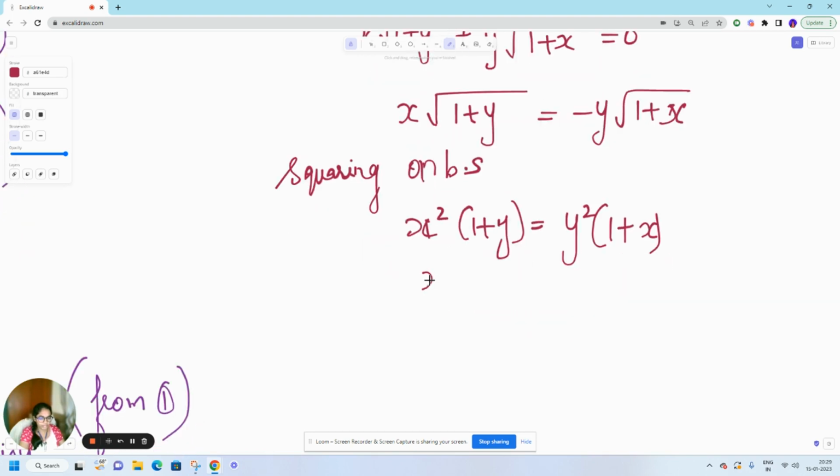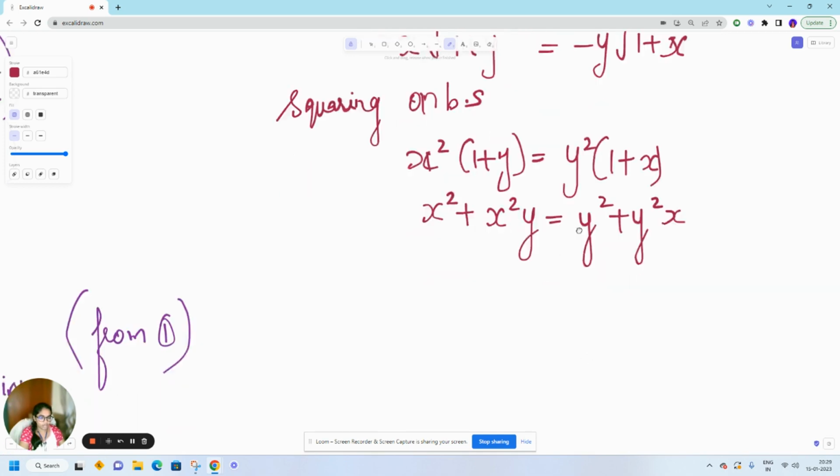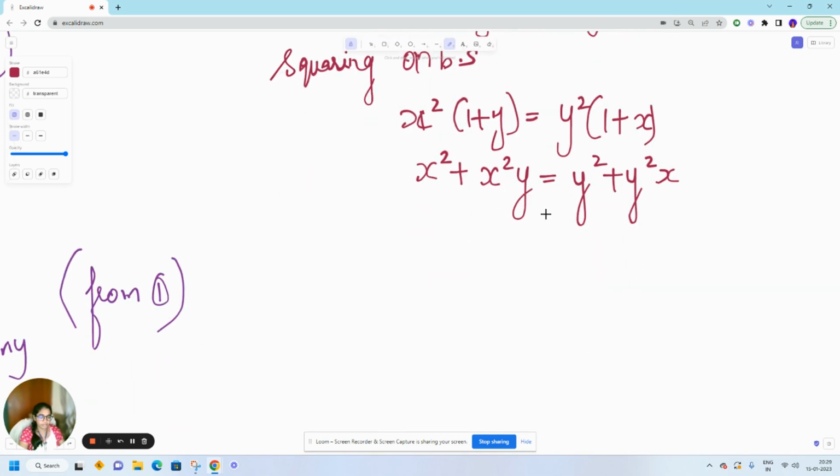Okay, let me multiply: x square plus x square y is equal to y square plus y square x. Now let me shuffle a bit. I would get x square minus y square is equal to y square x minus x square y.